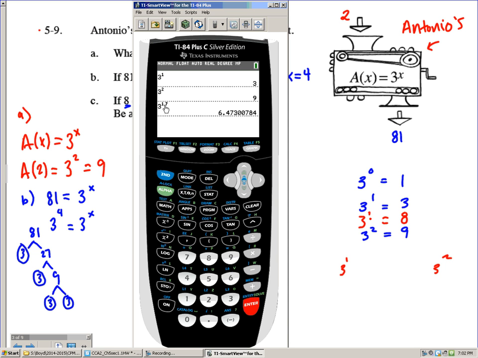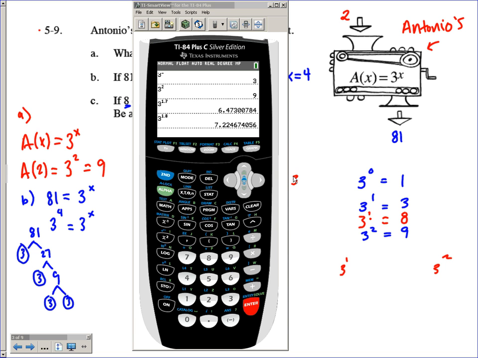So 3 to the power of 1.7, we get 6.47. I think we could get a little bit closer. Let's try 3 to the power of 1.8. We get 7.22. So let's jot a couple of these down. 3 to the power of 1.7 was about 6.47. 3 to the power of 1.8 was about 7.22.